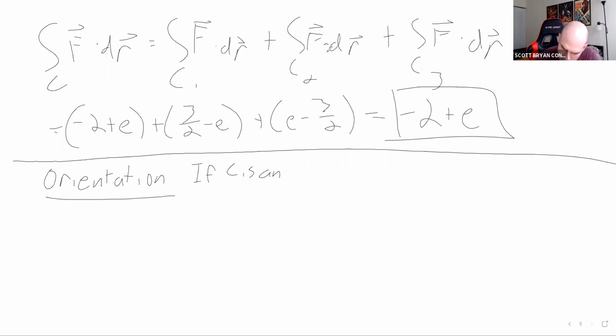Just as a bit of notation, if C is an oriented curve, we say negative C is going to be the same curve, but with the opposite orientation. So you're moving along the same curve, but in the opposite direction.